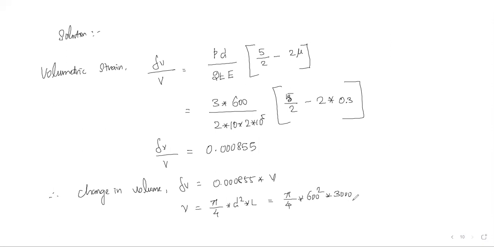So it becomes 848.23 into 10 to the power 6 mm cube. Therefore, the change in volume del V is equal to this multiplied with 0.000855. Then it becomes 725236.66 mm cube.